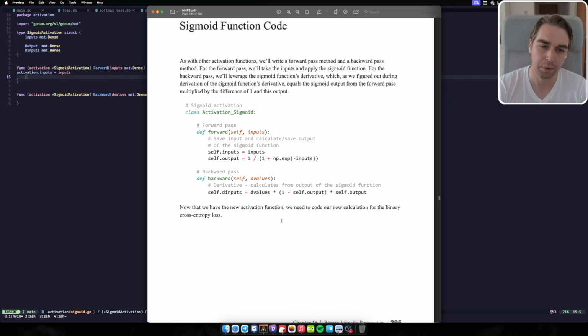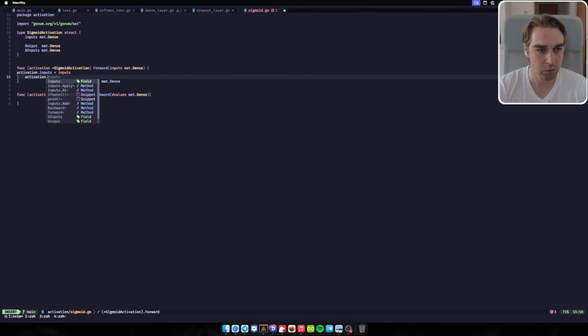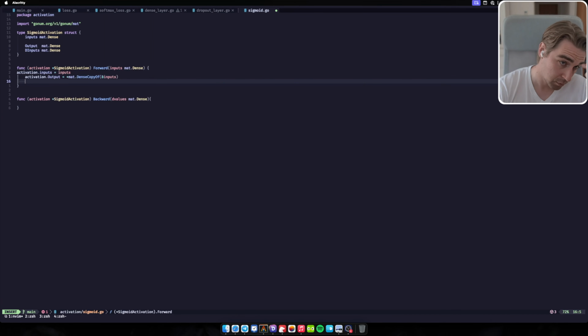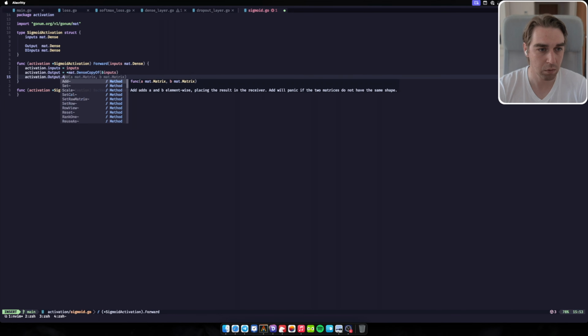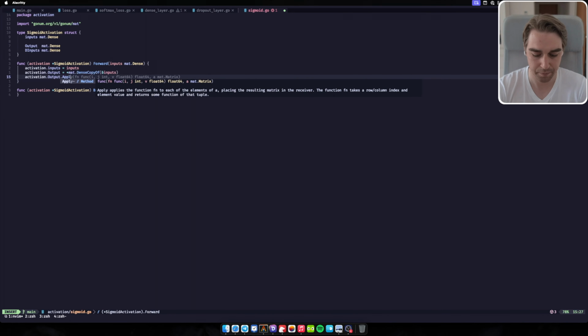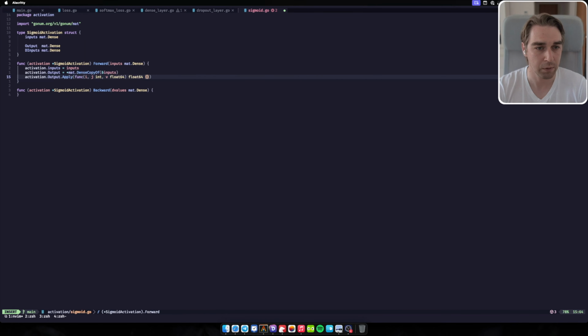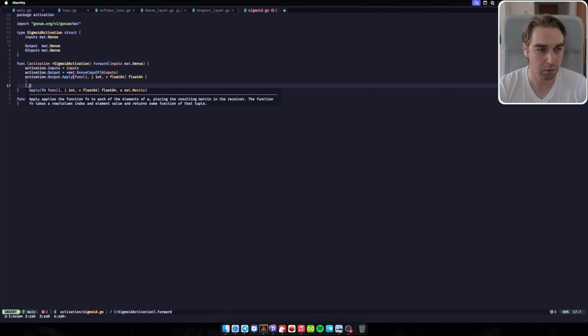The output will be the same size as the inputs, so we need to allocate this, and it will be a dense copy of inputs just to make it the same size.